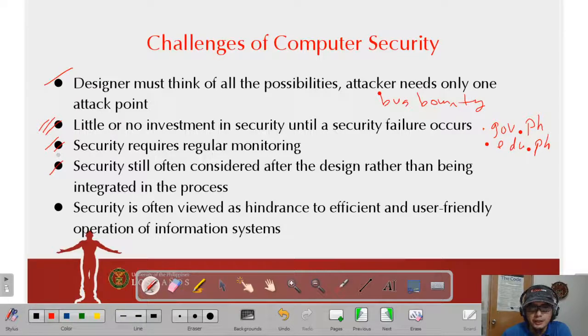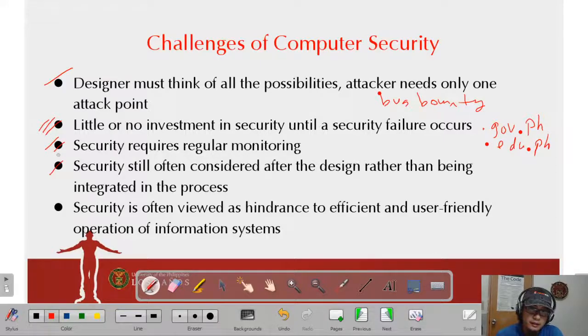The next challenge is that security is still often considered after the design rather than being integrated in the process. So this is what I was saying earlier. After taking ComSci 191, what we want you to know is that right from the start, when you develop an information system, you should already consider security.